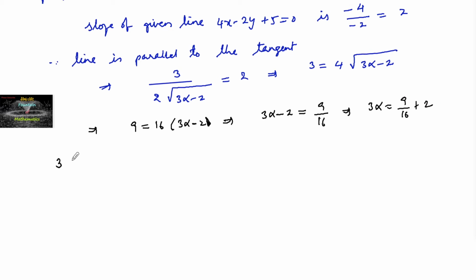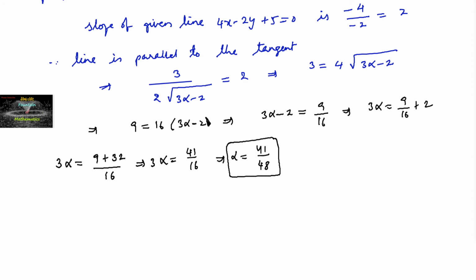So we have 3α = 9/16 + 2, that comes as (9 + 32)/16. So 3α = 41/16, or α = 41/48.